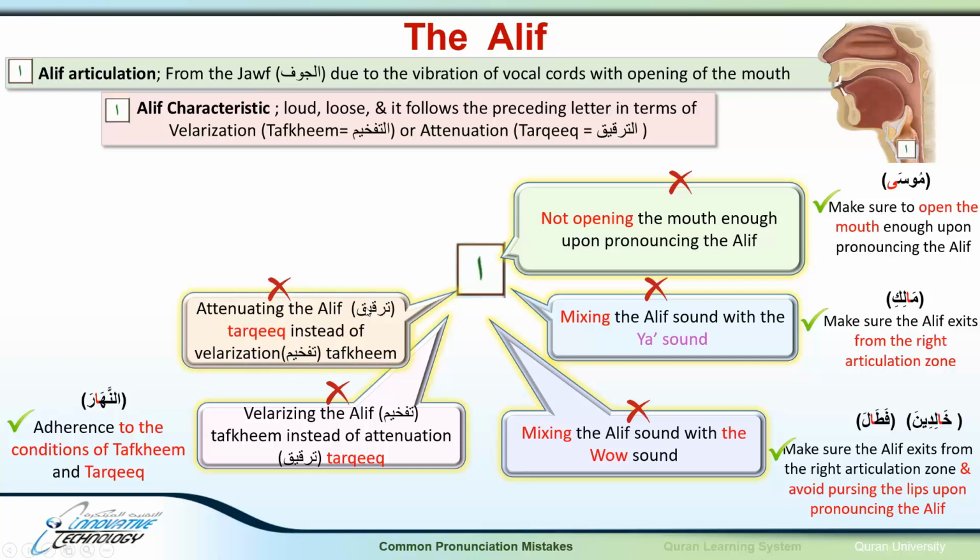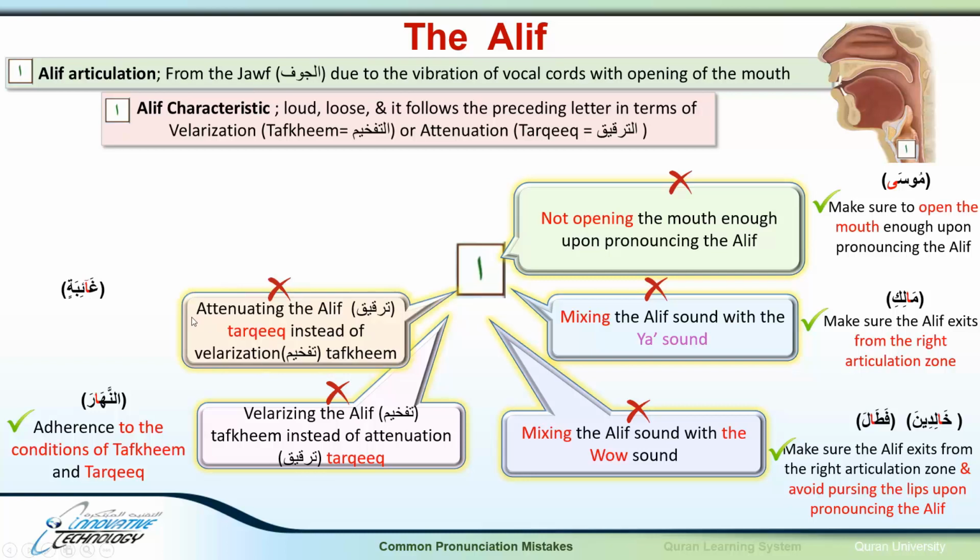The fifth situation is the opposite of the previous one, in which we attenuate the alif, making tarqiq in the place where we should velarize it, in the place of tafkhim. An example of that is ghaiba, where we're supposed to say ghaiba. The ghayn is velarized, and the alif is tafkhim.